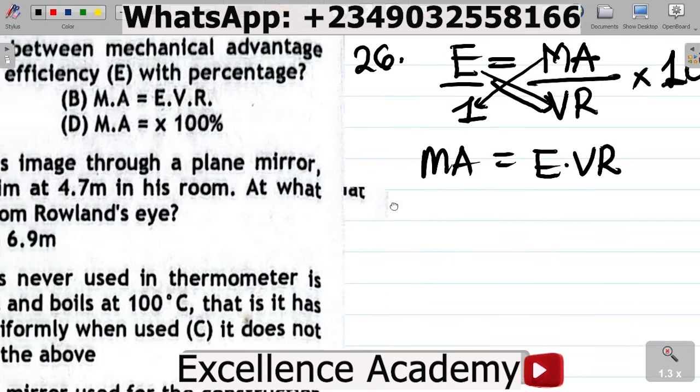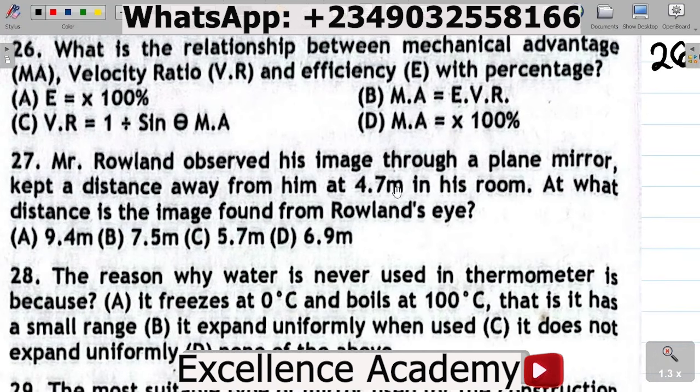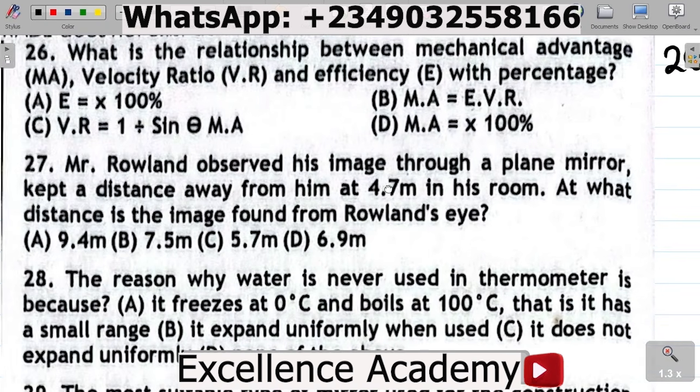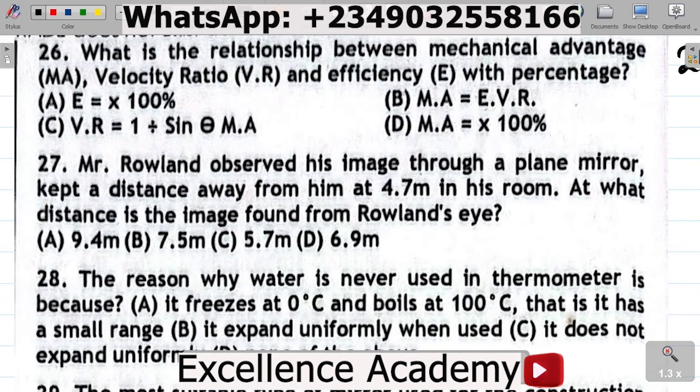So if this was an exam situation, I would most likely pick B, but it said with percentage, so it should be this times 100%. So MA is equal to E times VR. That's correct. Of course, times 100, so with percentage, perhaps times 100%.